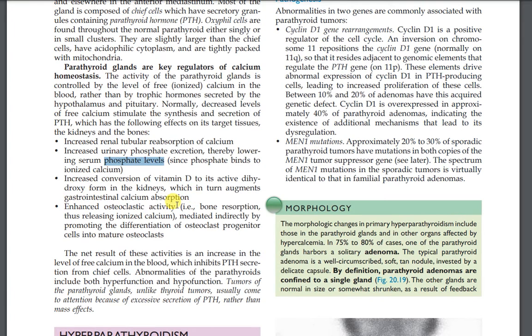Enhanced osteoclastic activity. We discussed osteoclasts. They are macrophages of bones. They cause activation of acid phosphatase, and this acid phosphatase causes the destruction of deposited calcium phosphate in our bones.